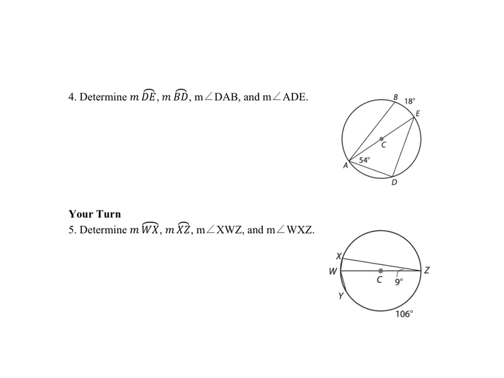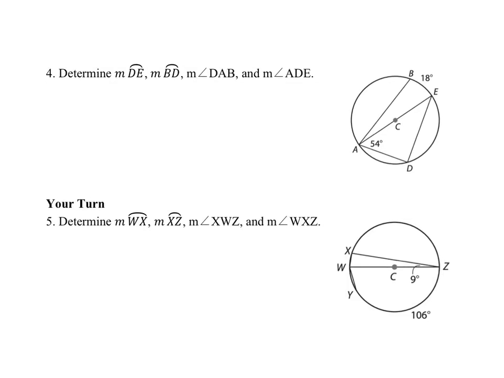So let's look at an example here. We have several we want to figure out. We want to find a couple arcs and then a couple angles based off of that. So first one, we want arc DE. So that's going to be this portion here, and that is inscribed by that angle there.